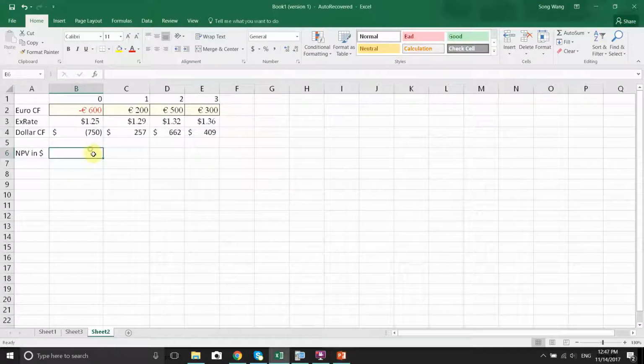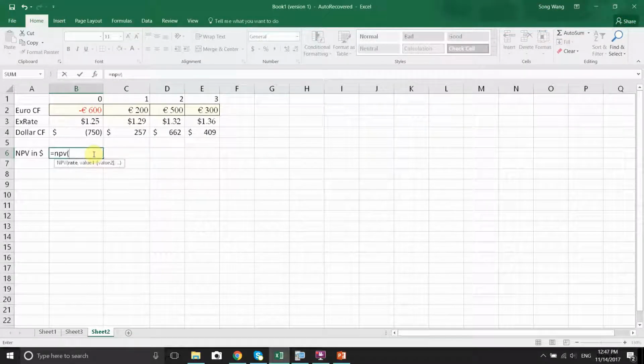Okay, so let's say it's an NPV at 15%. Then importantly, here we see the values start at value 1, not value 0. So it's all future cash flows in the NPV box, and the initial cash flow you add outside the NPV box, all right?